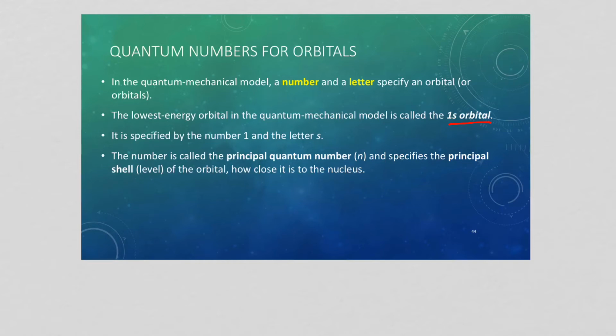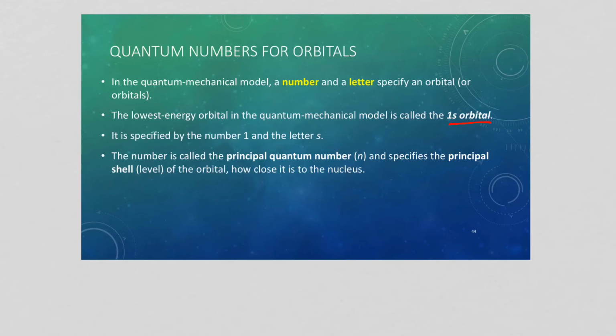So it's labeled by the 1, right, and the s. Now the 1, or the number in general, is called the principal quantum number, sometimes abbreviated with n, and it specifies the level or shell of that orbital. So in other words, how close it is to the nucleus.